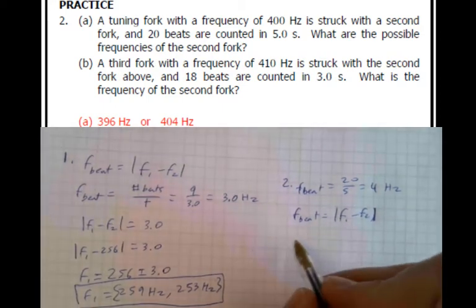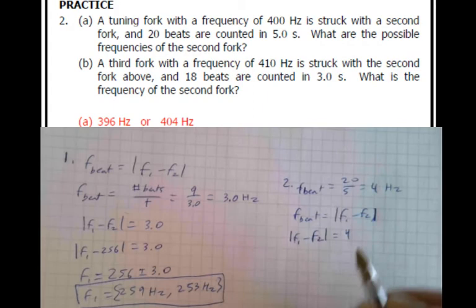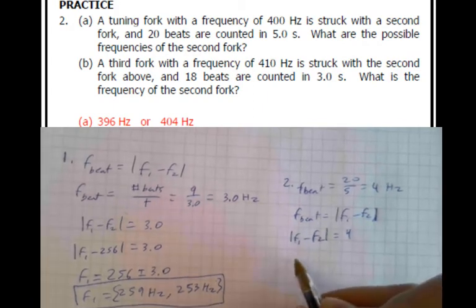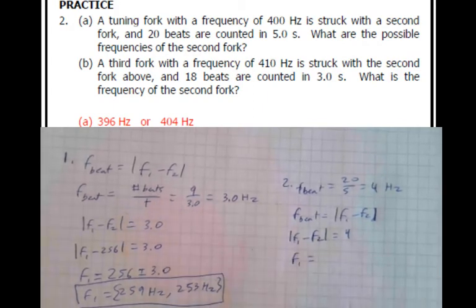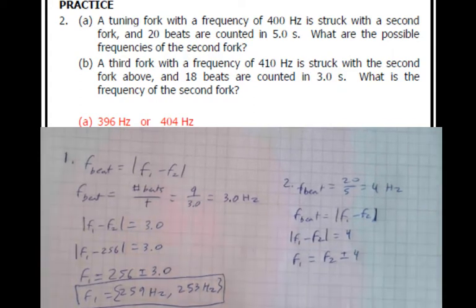So that means F1 minus F2 is equal to 4, and F1 is equal to F2 plus minus 4.